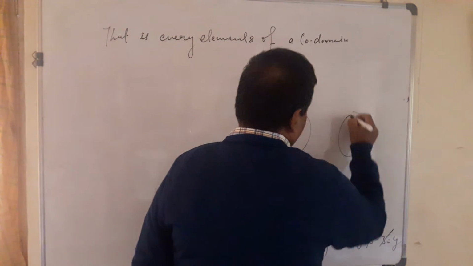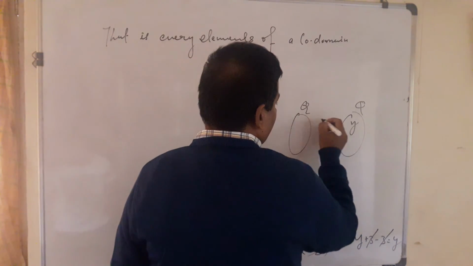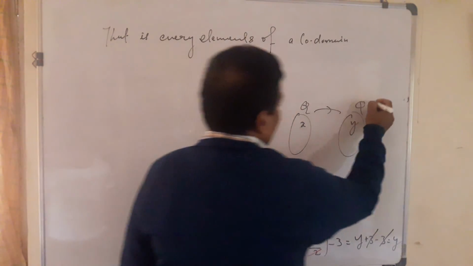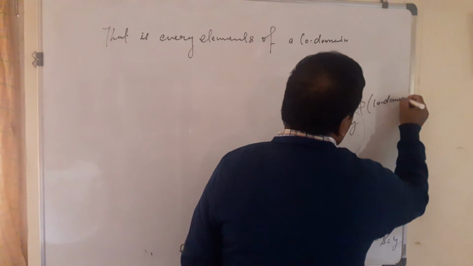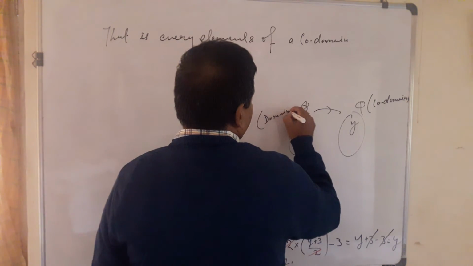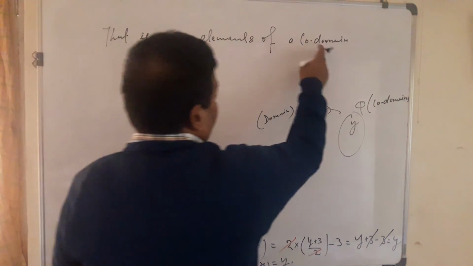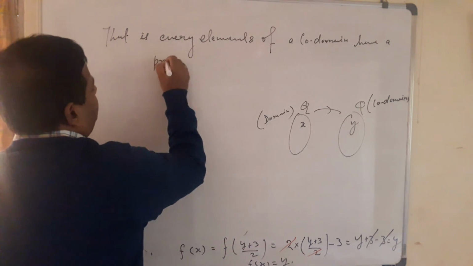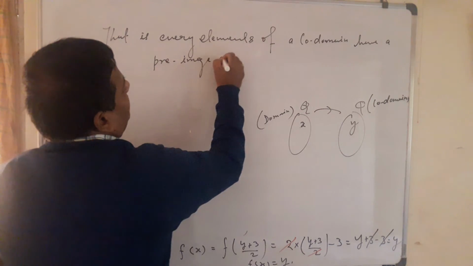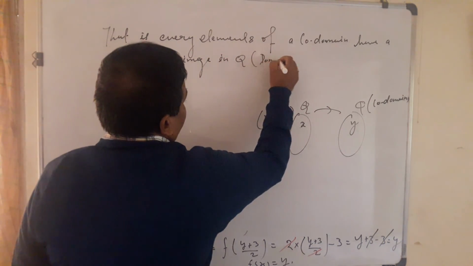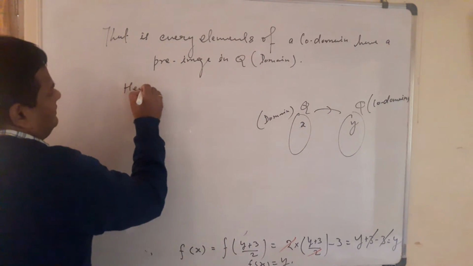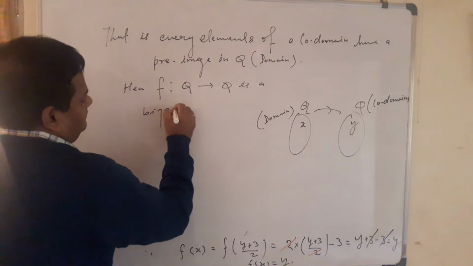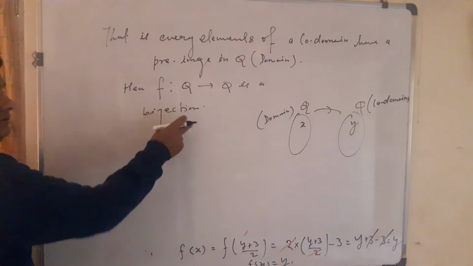See here, we have taken y, and the function is Q to Q. Hence f: Q to Q is a bijection.